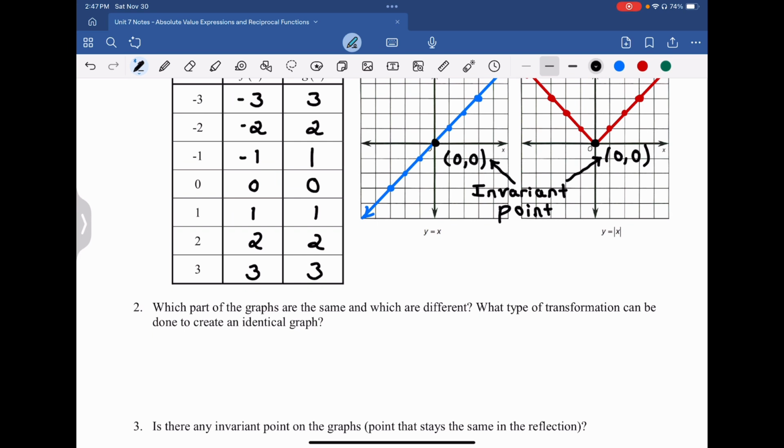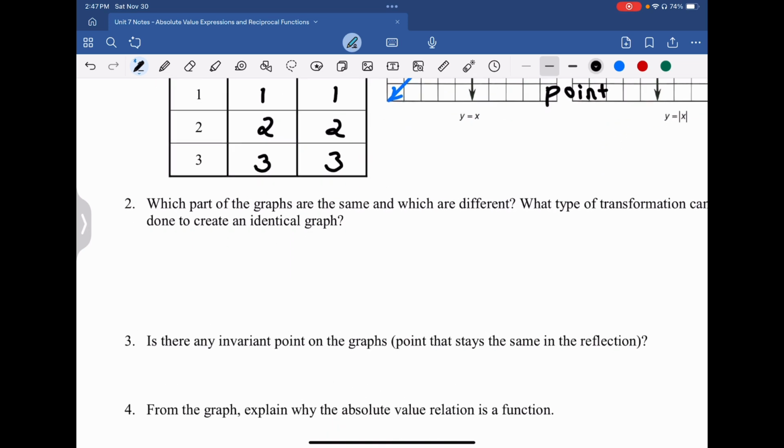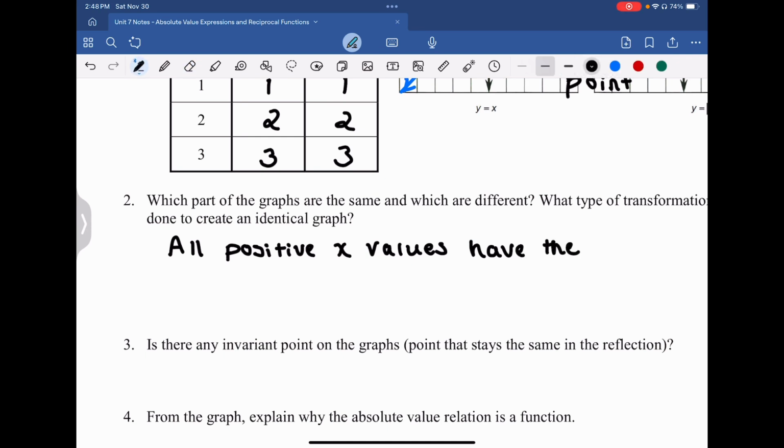Well, if I look at these here, what part of the graphs are the same and which are different? All the negative x's, and let's actually start off with the same. All of the positive x values have the same y value.